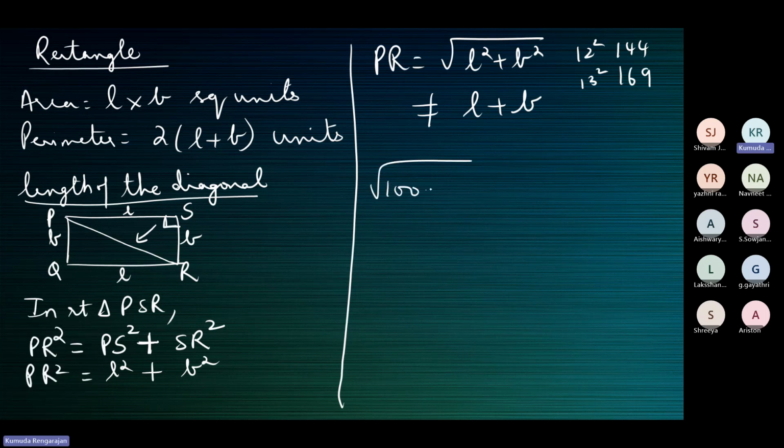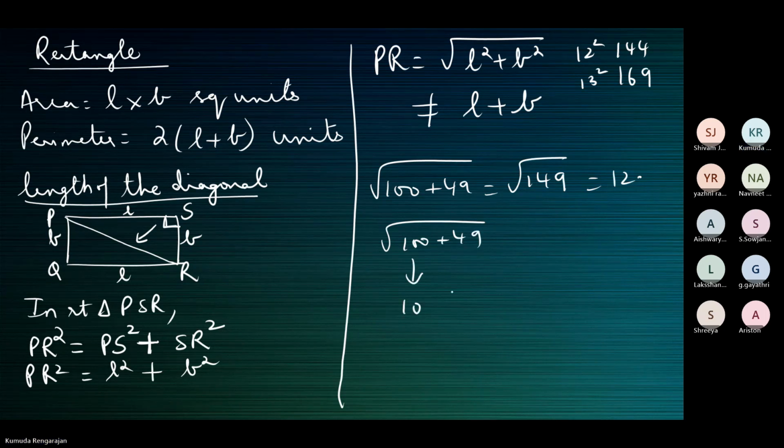When you add, you get this one, and its square root is some 12 point something. But if you find the square root separately, you get 17. You're getting two different answers. That means it's not equal.